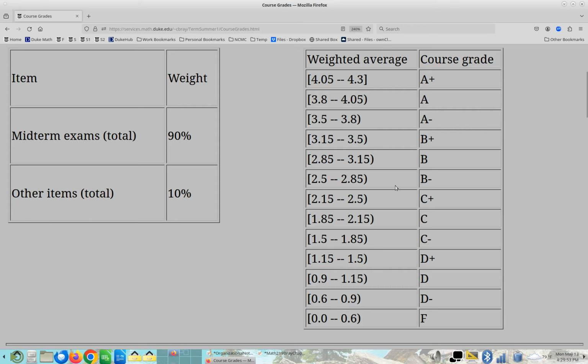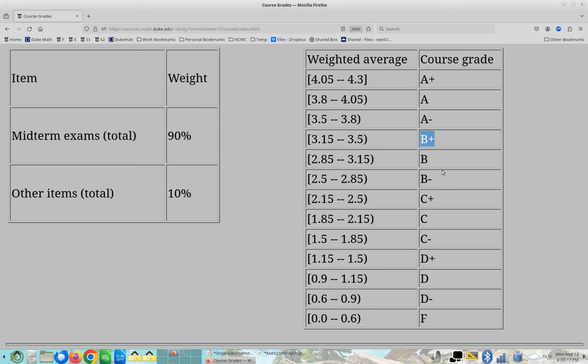But so, for example, let's talk about this 3.15. 3.15 is the upper bound for a B, and it's the lower bound for a B+. Now, why is that? Well, because 3.15 is halfway in between 3.0 and 3.3.